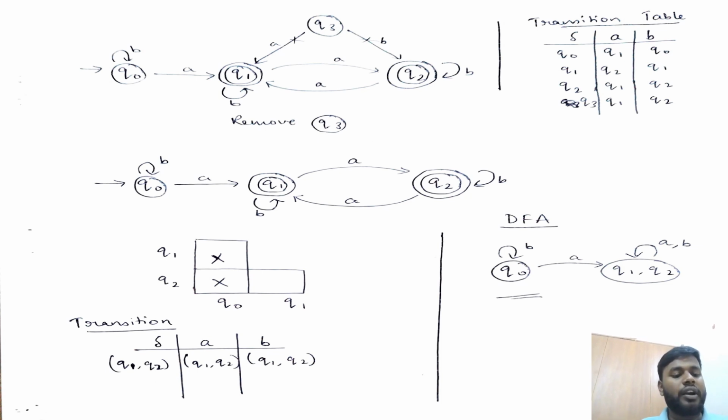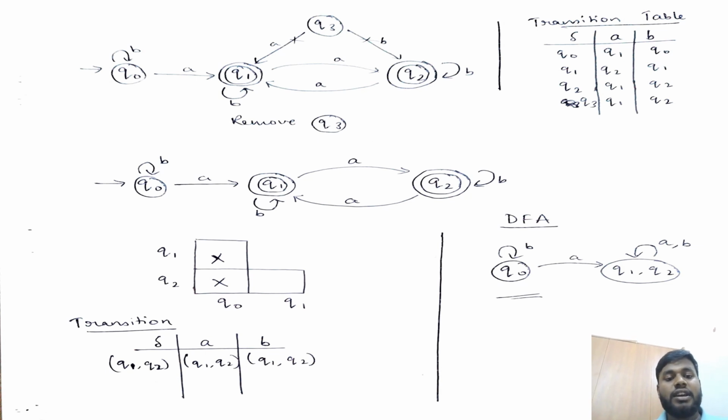Q0 and Q1 are equivalent since the transitions for Q0 and Q1 are the same for both 0 and 1. Merging Q0 and Q1 into a single state, let's call it Q, gives us the minimized DFA with states Q and Q2. The minimized DFA represents the same language as the original one with fewer states.